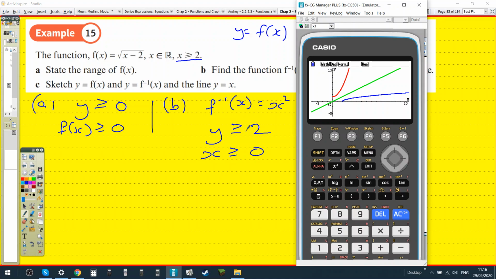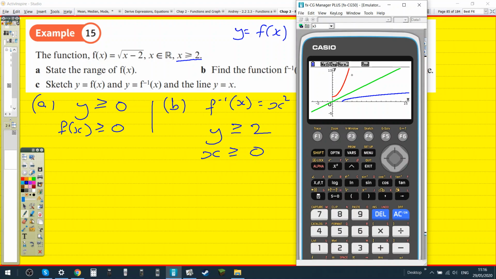Do they both have the same root and the same y-intercept? Yeah. The root of this one is the y-intercept of this one, and that is because they are a reflection in the line y equals x.